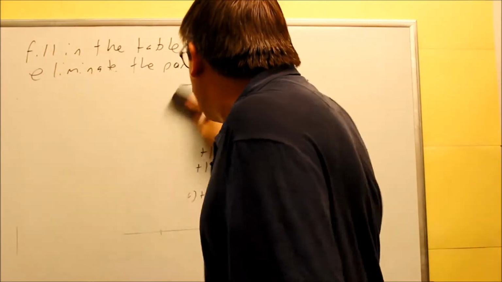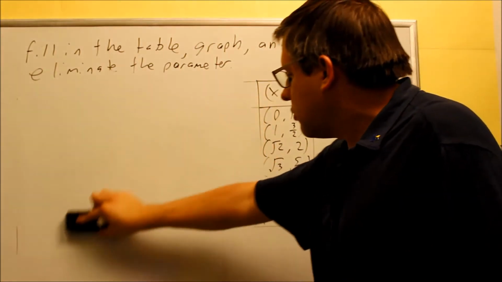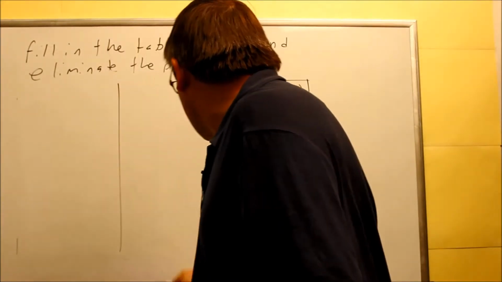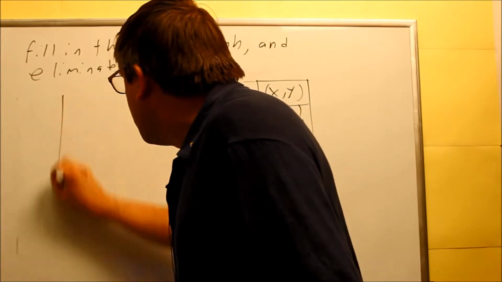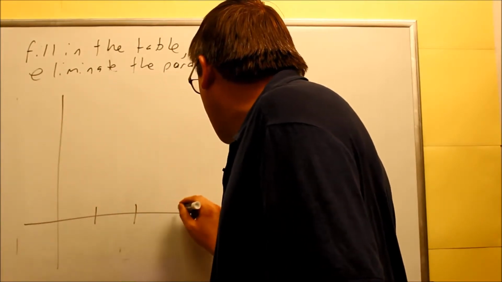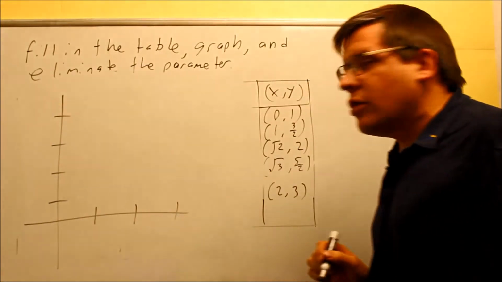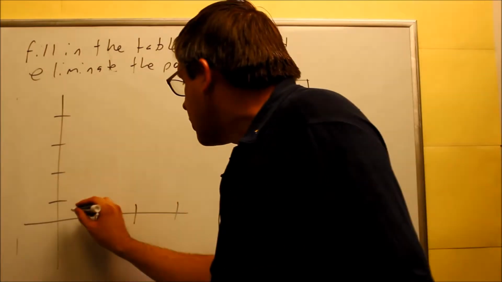So I'm going to go ahead and erase this so that way we have some room to draw the graph. So drawing the graph, okay, we'll do that right here. And because all the points are positive, let me move it over. And I'm going to use a bigger scale here for this one. Okay, so the first point is 0, 1.